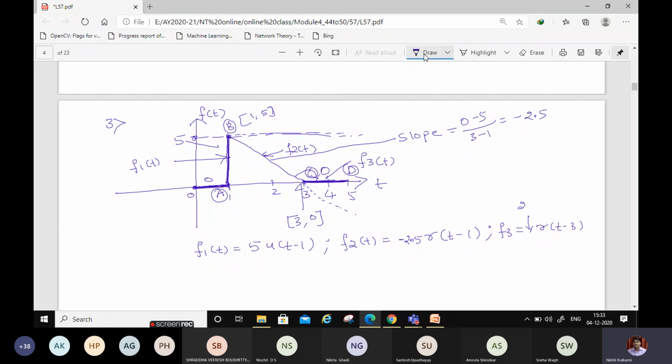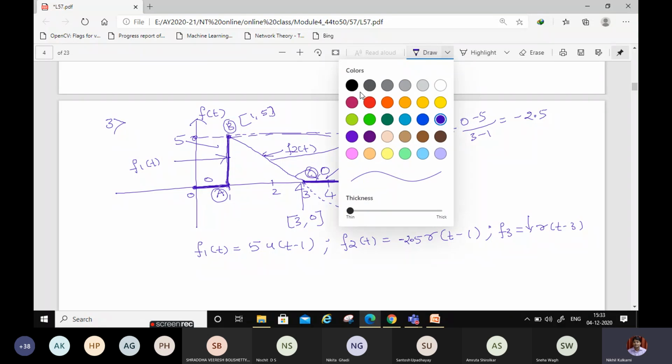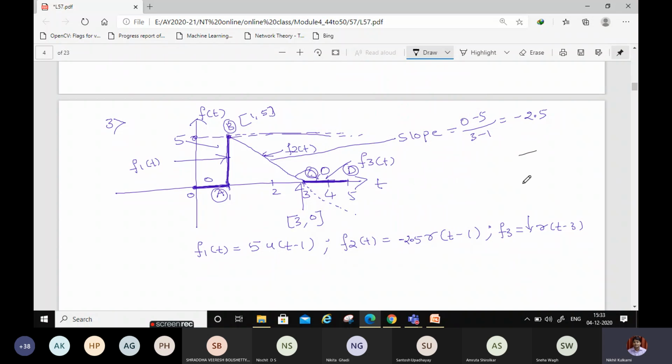Okay, so yes, getting that? So this value will be minus 2.5.